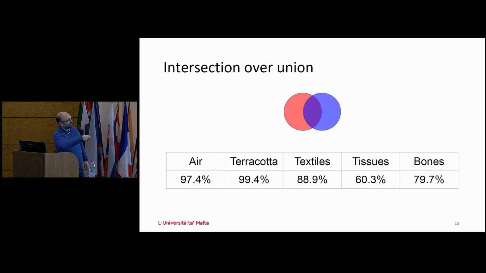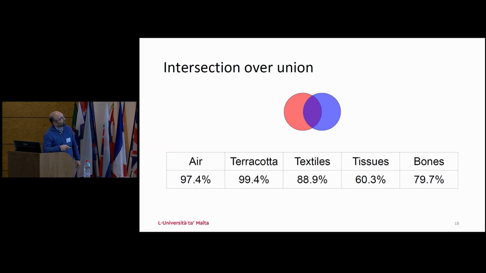And we see that air and terracotta are being labeled very well. Tissues are the hardest to label, but in general, in fact, Paul was quite happy with it when we sent a segmented volume. So we still have some work to do, but we're quite happy as well.